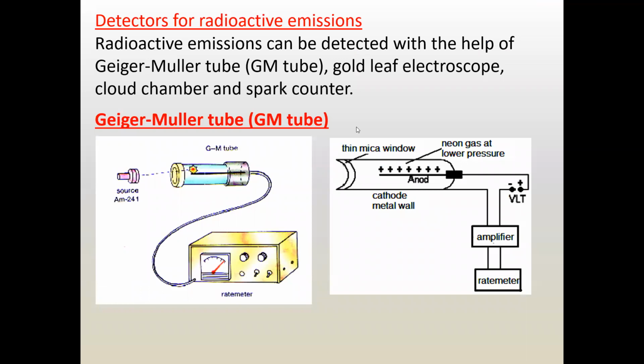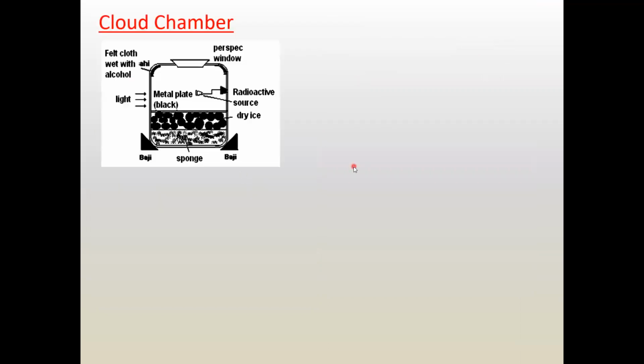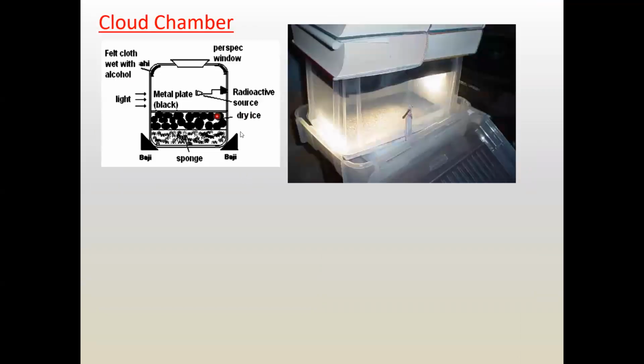Then the detectors which we can use, there are different types of detector. You don't have to learn the working of these detectors. This is just information. You just have to learn the names of the detectors, not the internal working. We have a GM tube, which can be used as a detector for the radiation. We can have a Wilson cloud chamber.